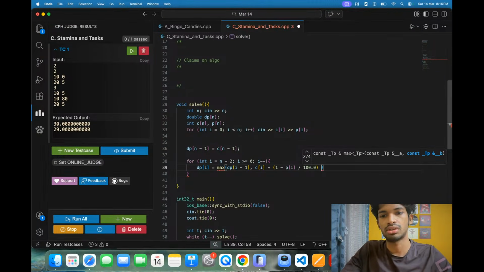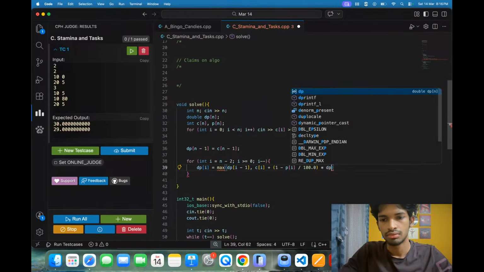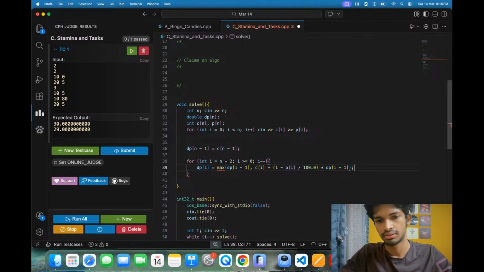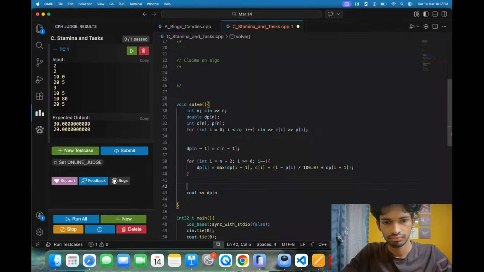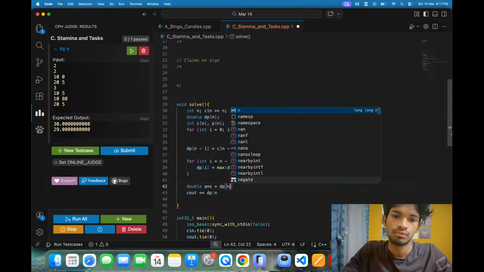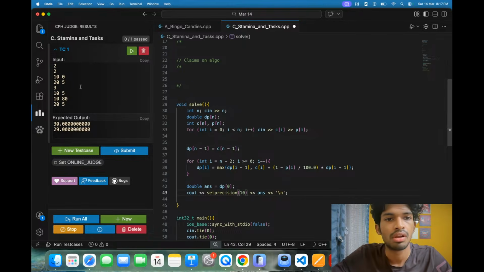I hope it works, times dp of I plus 1. Let me just keep that set precision 10.